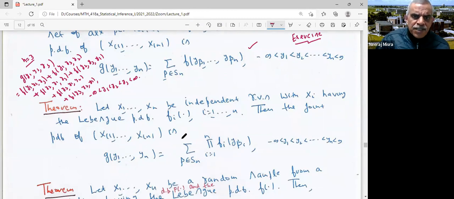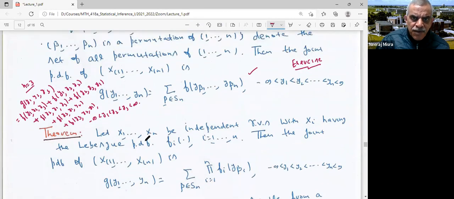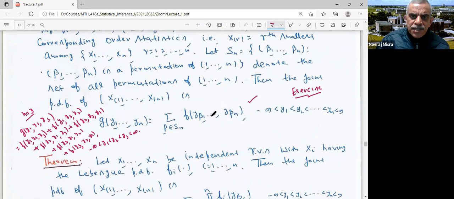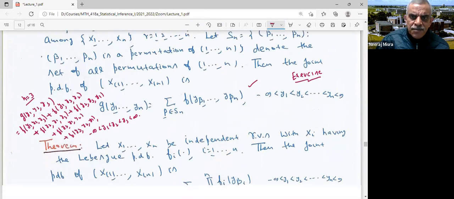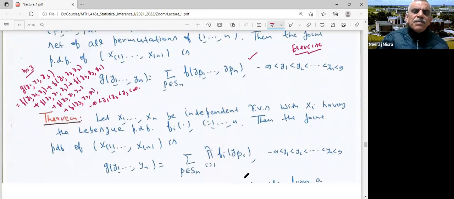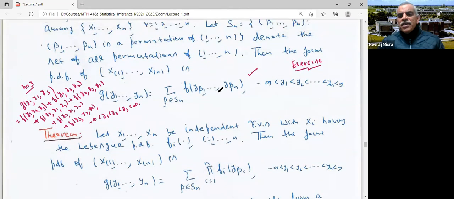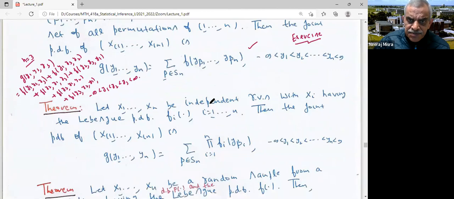Then the joint PDF of X1, X2, ..., Xn would be the summation over beta belonging to S, which comes from here. And what would be the joint PDF of this? It would be the product of marginals, which is the product over i equal to 1 to n of fi of y beta i. So this result is just a particular case of this result for the situations where X1, X2, ..., Xn are independent.